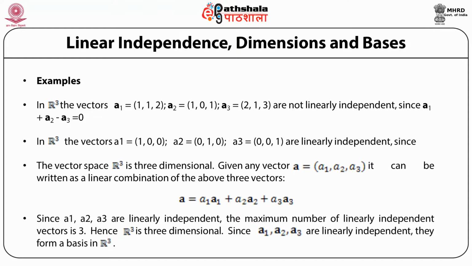Since vectors a1, a2, a3 are linearly independent, the maximum number of linearly independent vectors is 3. Hence, R cube is three-dimensional. Also, since vectors a1, a2, a3 are linearly independent, they form a basis in R cube.